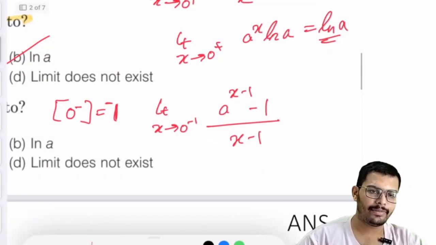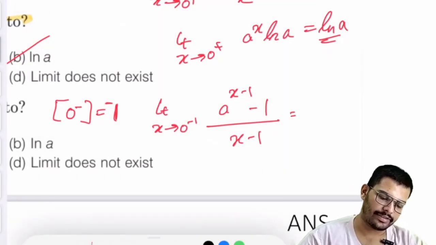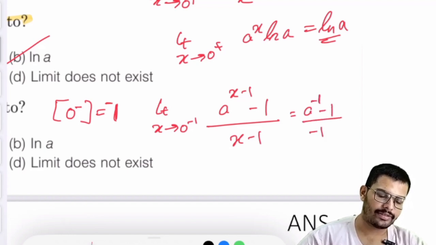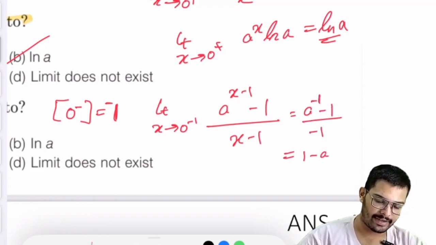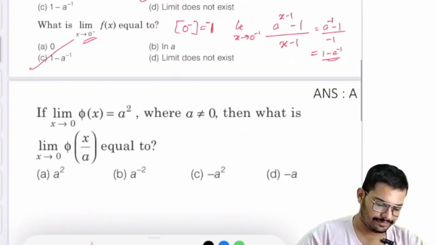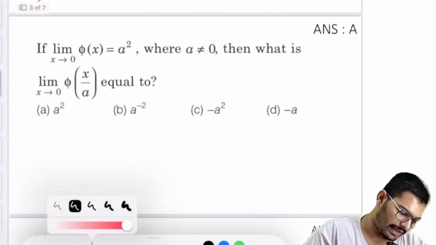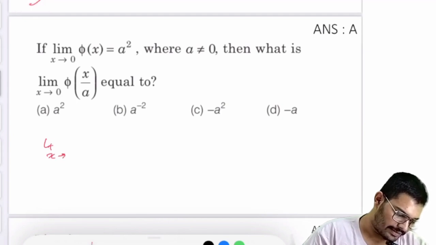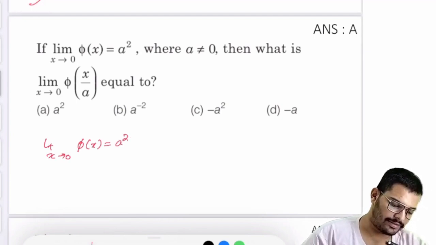Here when you apply limits, it will be directly x equal to 0: a raised to minus 1 divided by denominator minus 1. Our answer is 1 minus a raised to minus 1, therefore it's option C.